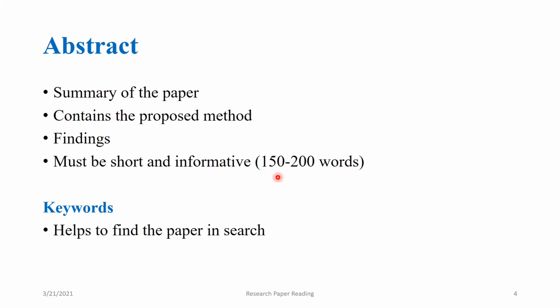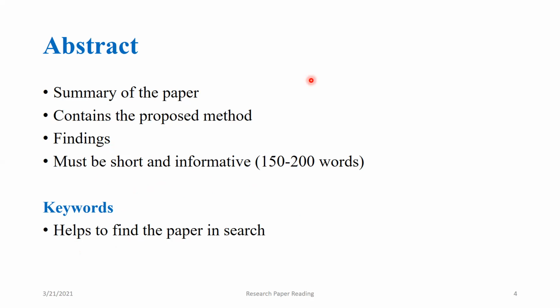After the abstract section, there is a little portion called keywords. Keywords help us find the paper in a search. Whatever keywords are listed in this paper, when readers search for any paper, if any of the keywords match the searching word, then this paper appears in the search list.